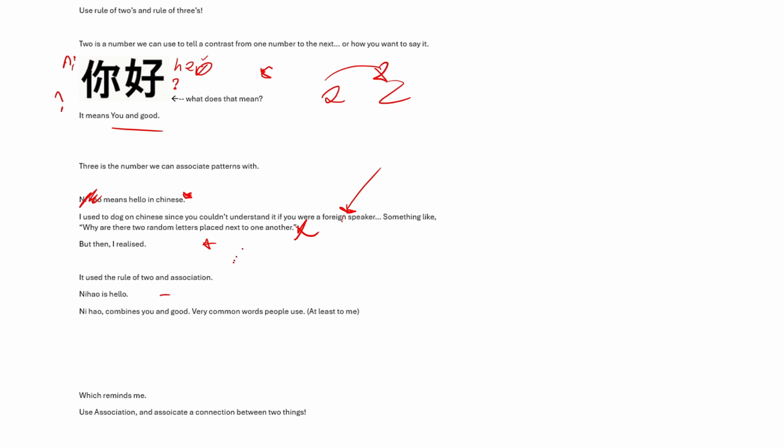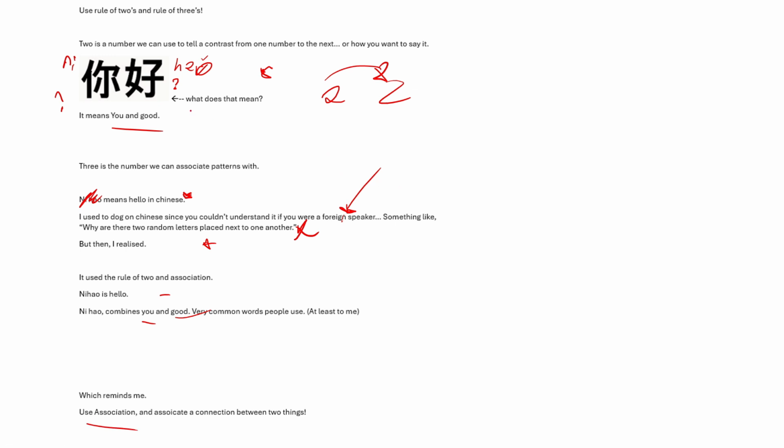It combines you and good, very common words people use, at least to me. So it's like ni hao and zaijian. They always use two or more, it's never one, because I'm pretty sure in Japan and China they name things based off of characteristics. I don't know any of them, but they do. So use association, psychology tricks, rules of twos, rules of threes, and association.